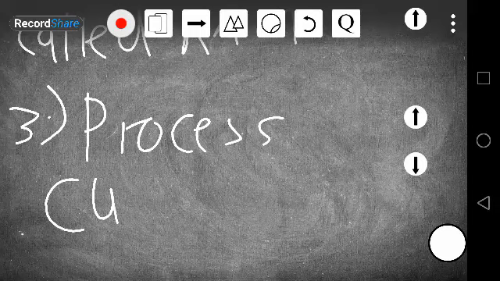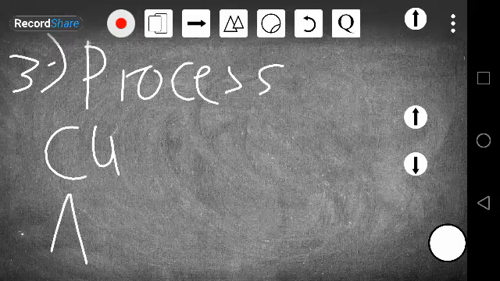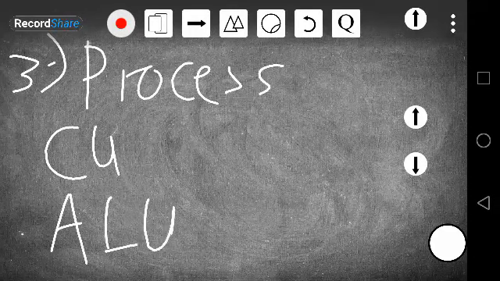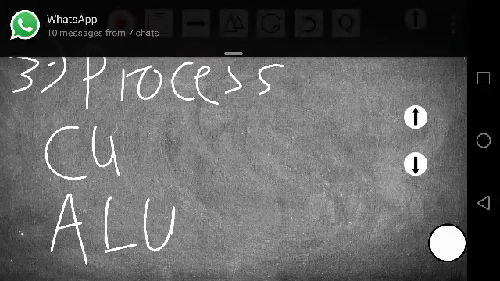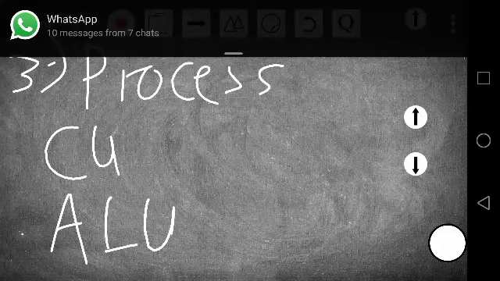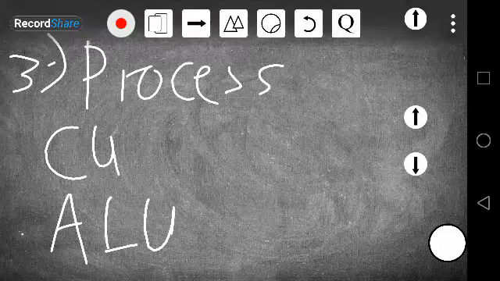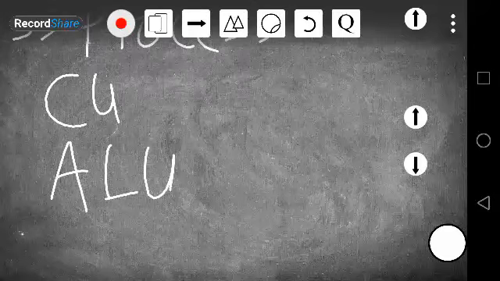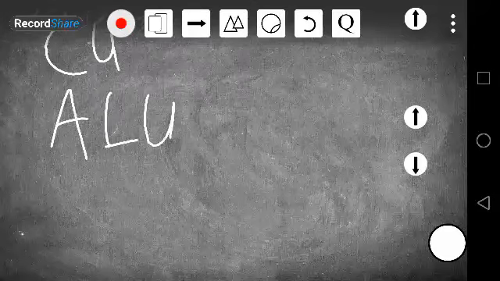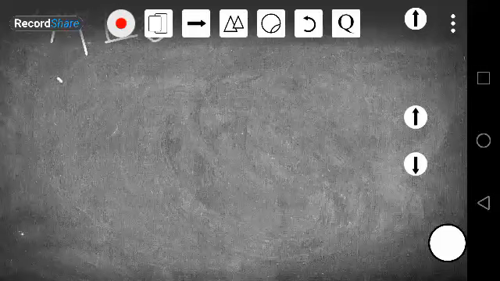Then we have the ALU. I'm sure I once mentioned this. The ALU performs mathematical functions, for example, addition, subtraction, multiplication, division, etc. We move on to the last component, which is output.